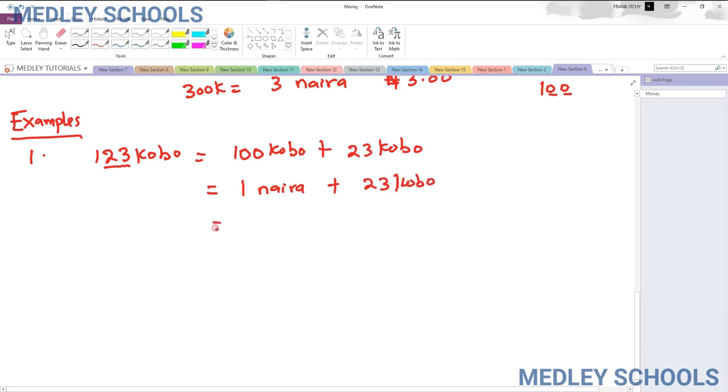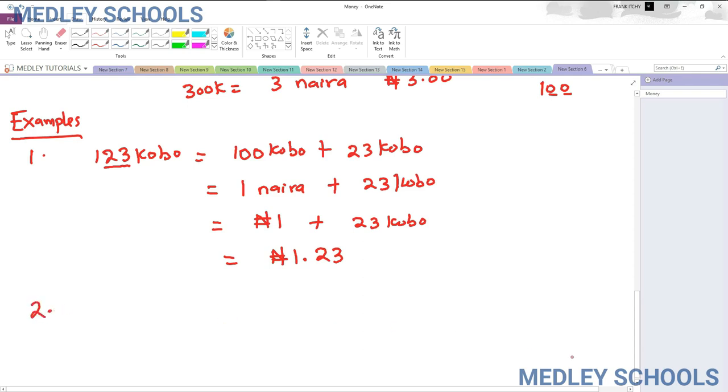Now you can write it as 1 naira 0.23. When you write it like this, it simply means 1 naira 23 kobo. So from there we have converted this 123 kobo to naira and kobo.